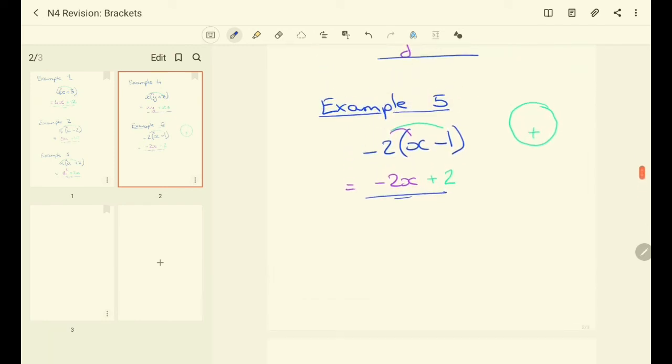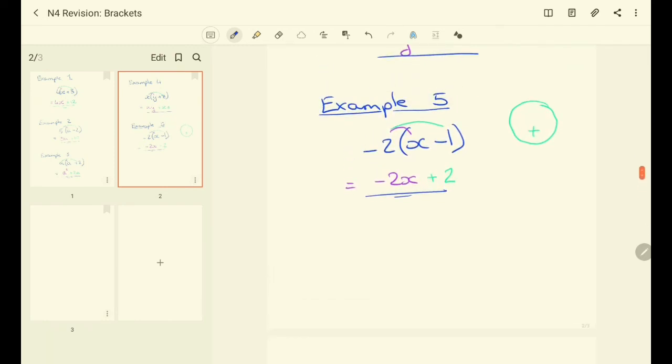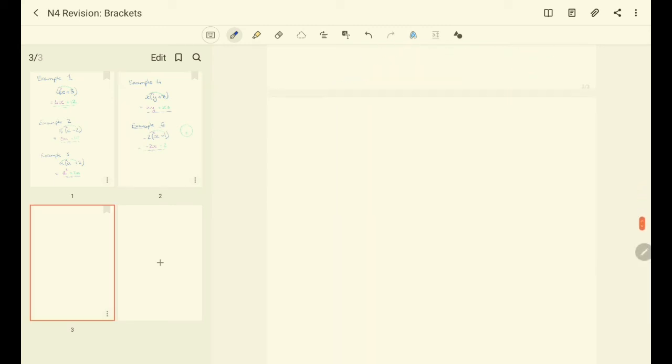Now, if we look finally at example 6. Example 6, we have what we might call extra pieces of information. So it's not just one bracket. There is stuff in the front and there is stuff at the end, such as 4 plus 2 bracket x minus 1 plus x.